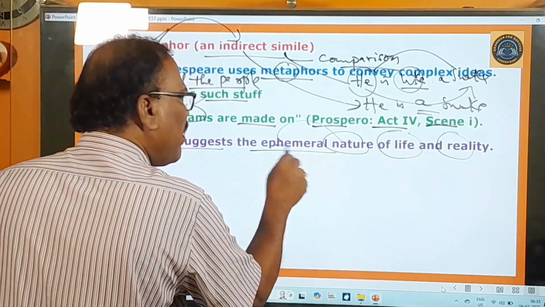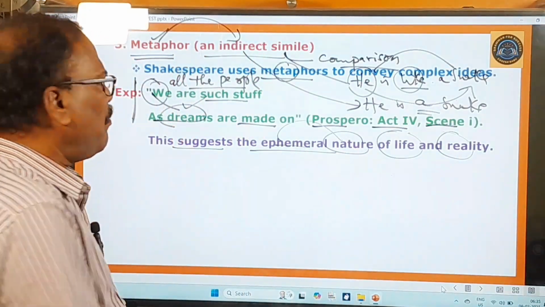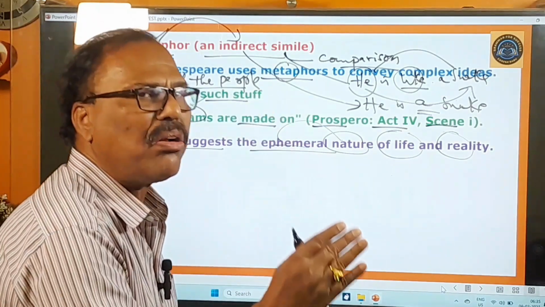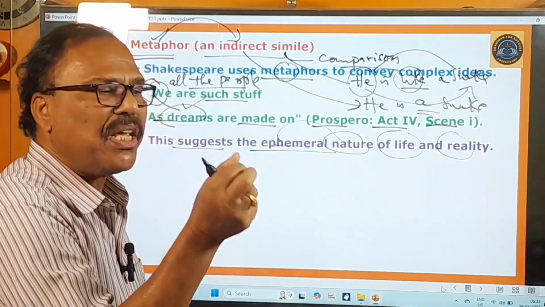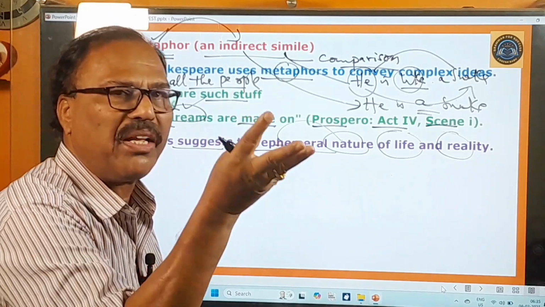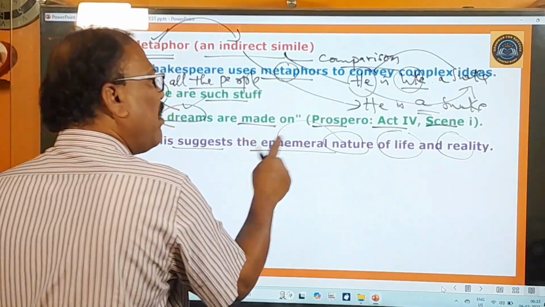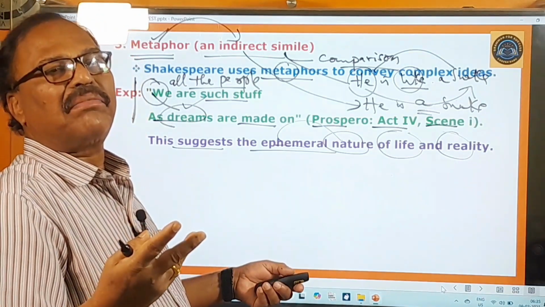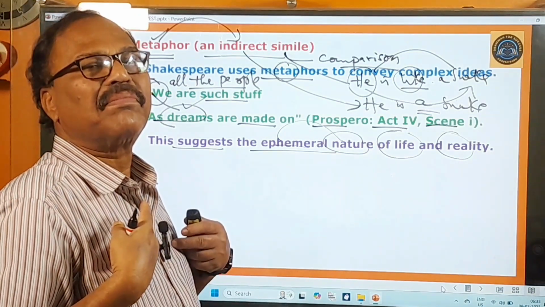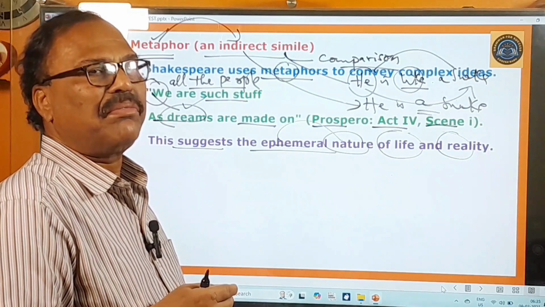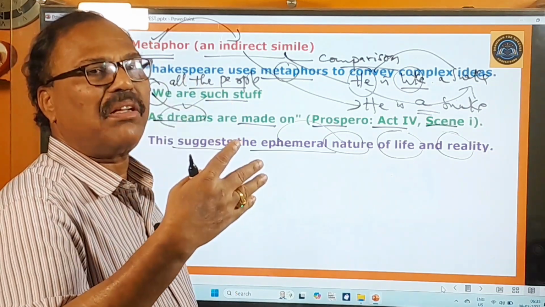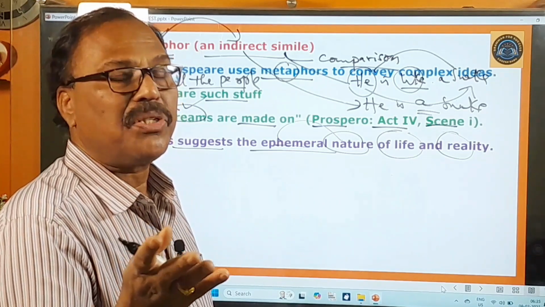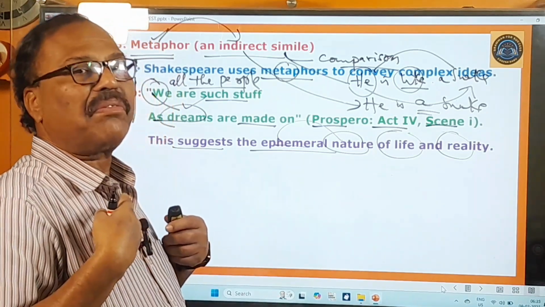Ephemeral means, it's a beautiful word, please learn it. Ephemeral means lasting for a short period. That is called the ephemeral nature of life. Man's life is ephemeral. It's very short-lived, just like a water bubble, which appears on the water in one second and disappears in another second. So that is the nature of our human life.